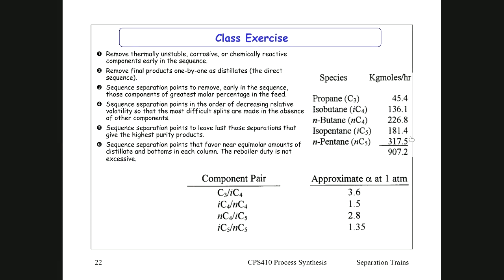So in this case, heuristic 3 is not going to be very useful, because that's a difficult split. But certainly to do the very first split between NC4 and IC5 does make a lot of sense. Okay, cool.